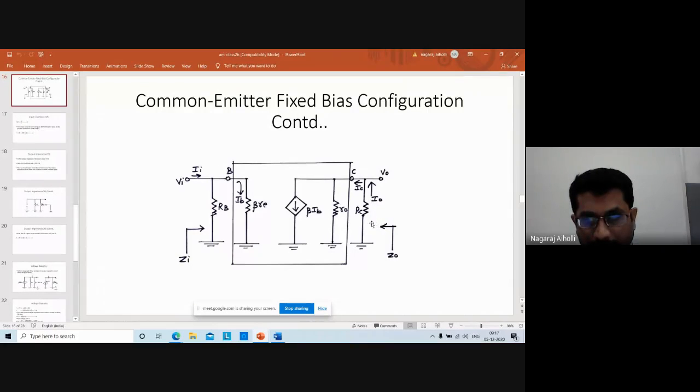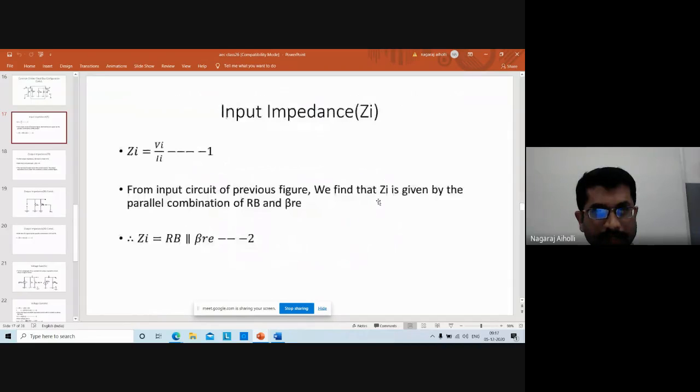So it is minus I naught RC, positive to negative. Then on the output side, voltage terminal positive to negative: minus I naught RC minus V naught equal to 0, or V naught is equal to minus I naught into RC.